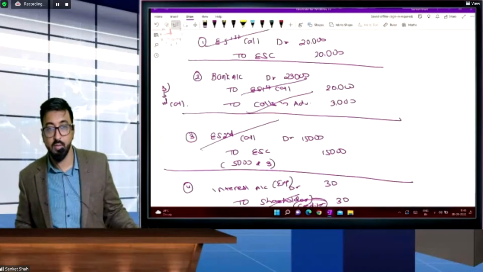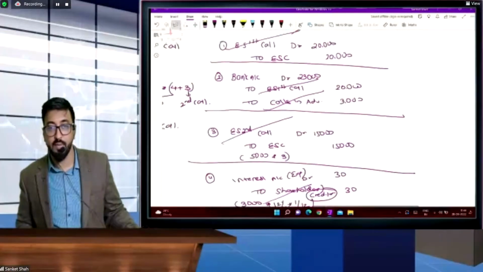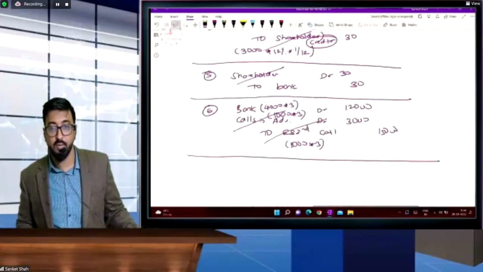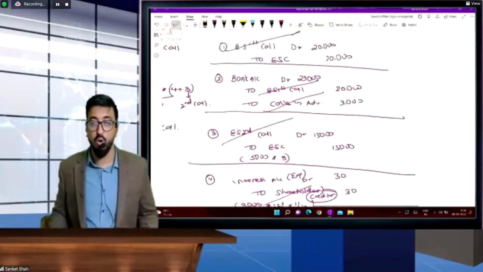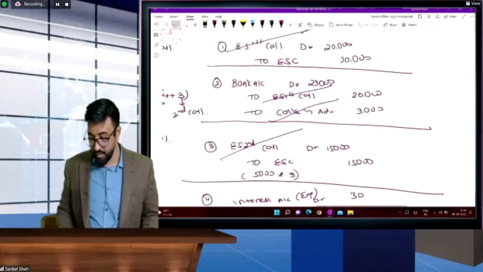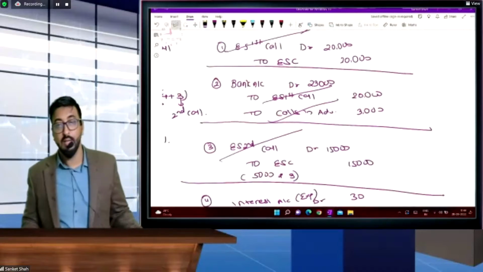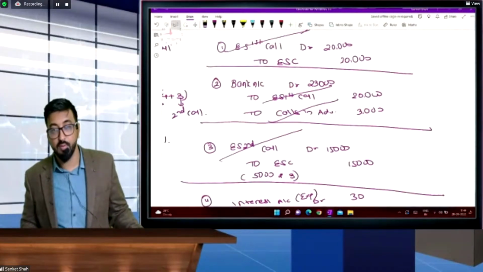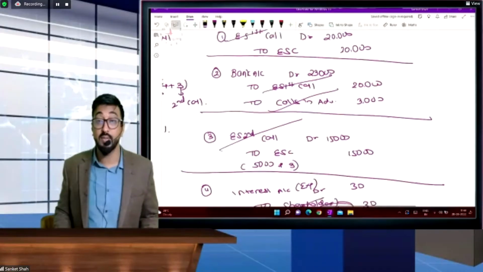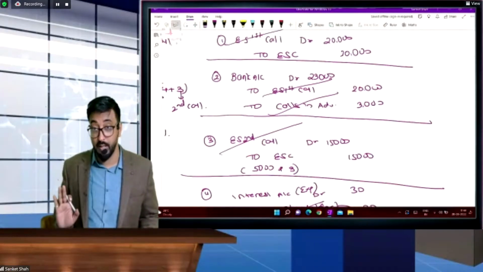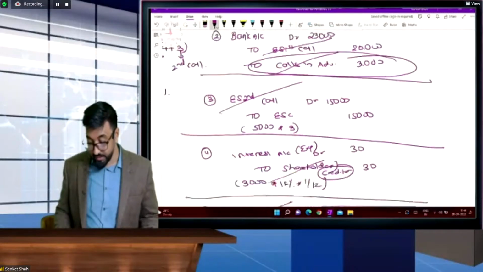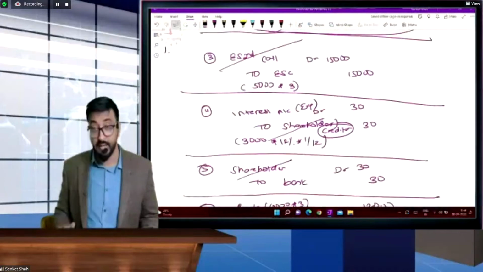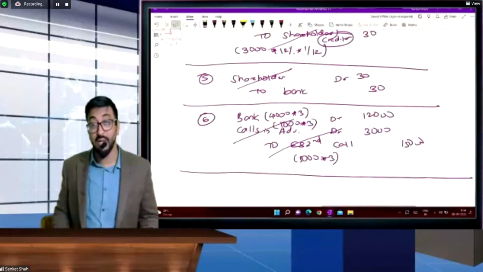Okay, got this concept? Already I explained all these 6 entries. Now beta, it's time to solve a question on interest on calls in arrears and calls in advance. So beta, revise the 6 entries properly: first call, then calls in advance, then second call, then interest entry, then calls in advance cancellation entry.